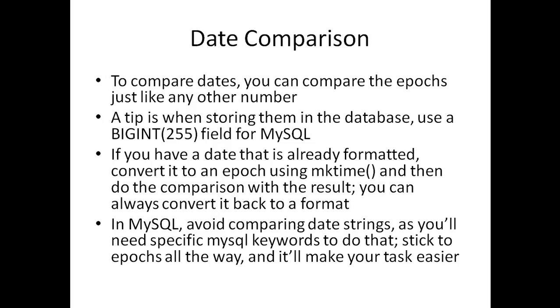Date comparison: to compare dates, you compare the epochs just like any other number. So you can use all the greater than, less than, double equal to, not equal to kind of thing, just like any number. A tip: when storing them in a database, you can use a BIGINT(255) field in MySQL. Some folks that do database modeling would ask why.